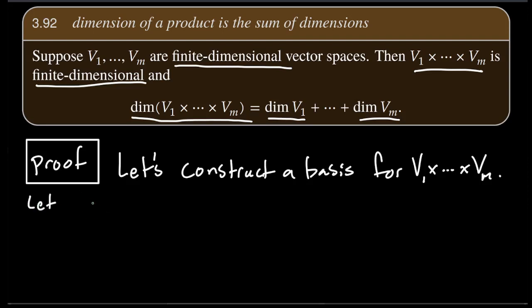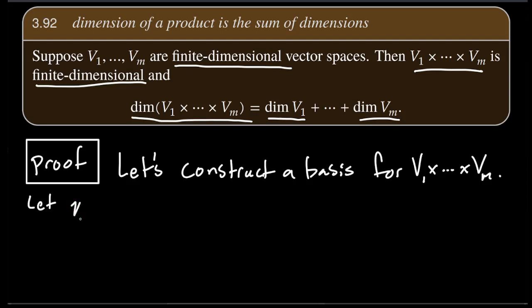Now I'll need to do a little bit of messy notation. So I'll want to take a basis for each one of these finite dimensional vector spaces. Now there's m of them. I don't want to use a bunch of different letters. So I'm just going to use v.